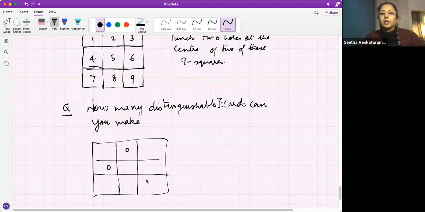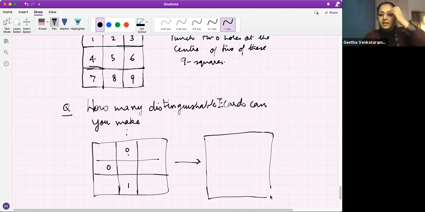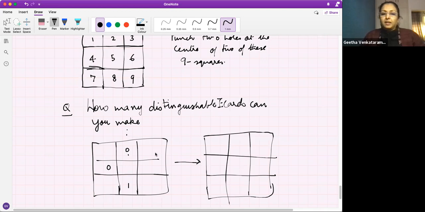Now the point is, suppose I reflect this about the vertical axis. Okay, just think of it. Then what will this square go to? If I do a vertical reflection, this thing will stay as it is, but this circle will move here, right?